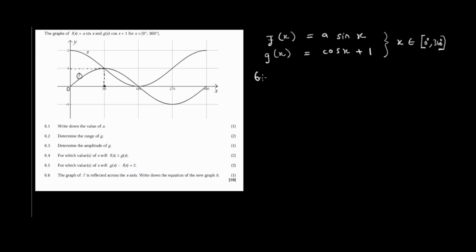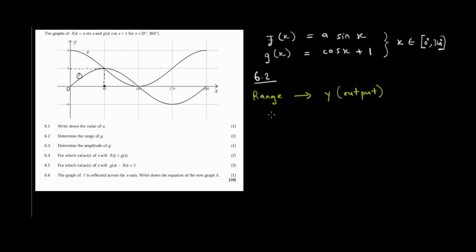Now when it comes to 6.2, it wants us to determine the range of g. So there's something we should know beforehand. We should know that range is closely associated with y, that is the output.